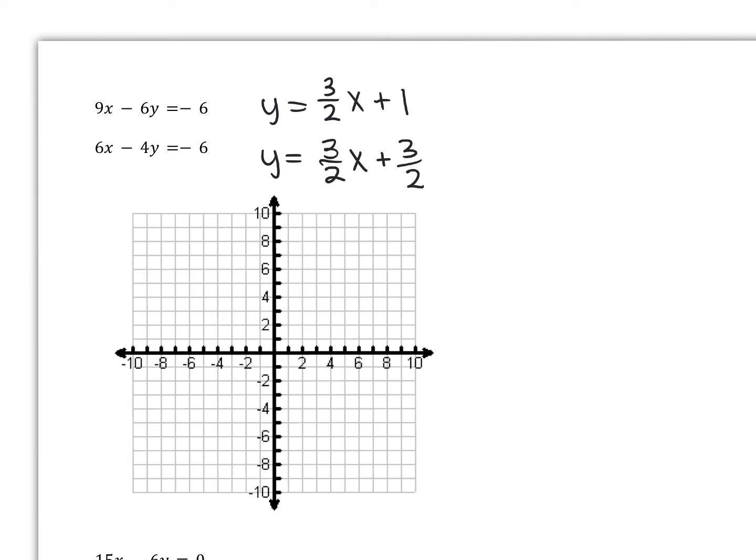So when I go to graph my first equation, y equals 3/2 x plus 1, y-intercept of 1, slope of positive 3/2, which I can also do as negative 3/2. Now my second equation, my y-intercept is 1.5, which is not so much of a nice number.